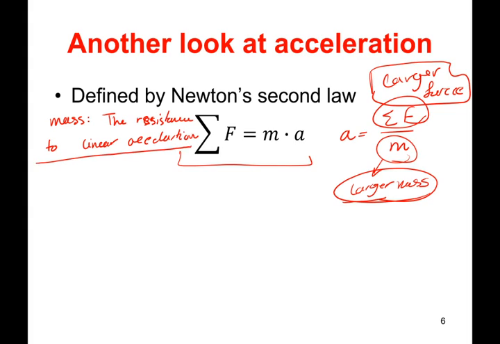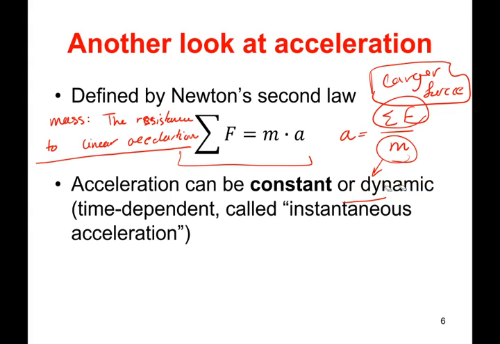Which means that to maintain the same level of acceleration, you have to have a larger force when dealing with a heavier object in general. Okay. So acceleration can be dynamic or constant, which means that it can be time dependent or constant. Dynamic or time-dependent acceleration is called instantaneous acceleration, mainly because it changes at each instant.